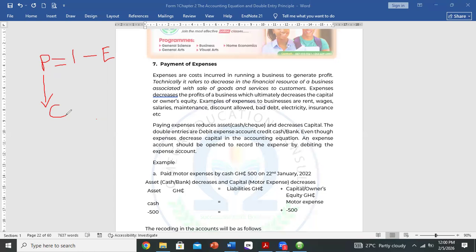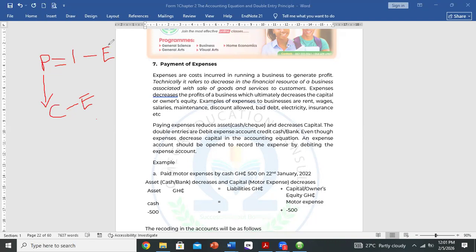Decrease. Now, if you look at the relationship between expenses and profits, expenses reduce profits. So if profits increase capital, then technically expenses decrease capital. I want you to get that relationship before we move on. First of all, if you want to get your profit, it's your income minus expense, right?